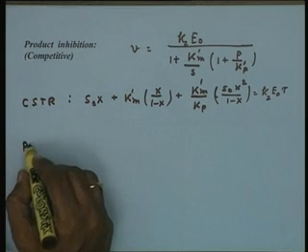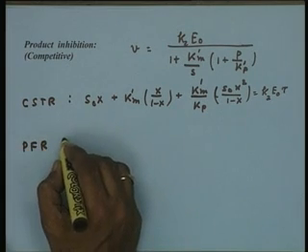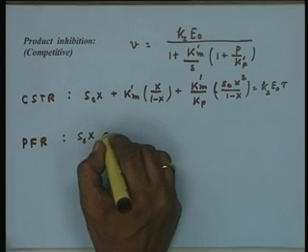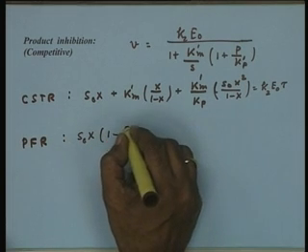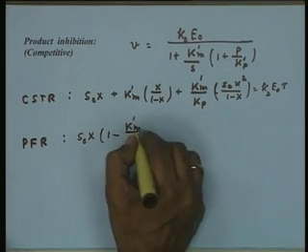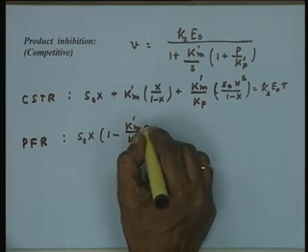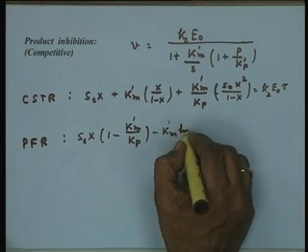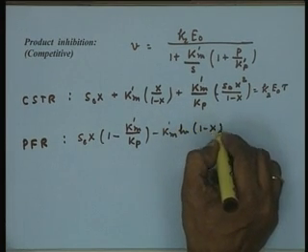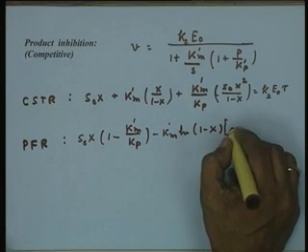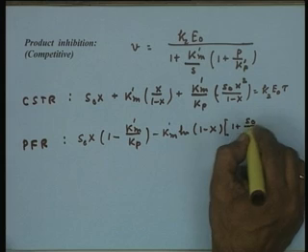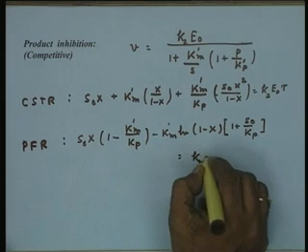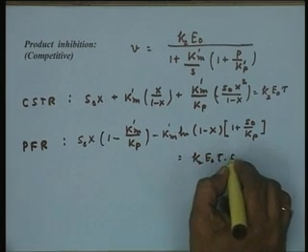In the case of plug flow reactor, the expression will be S 0 x into 1 minus K dash m upon Kp, minus K dash m ln 1 minus x, into 1 plus S naught upon Kp, equals K2 E naught tau into epsilon.